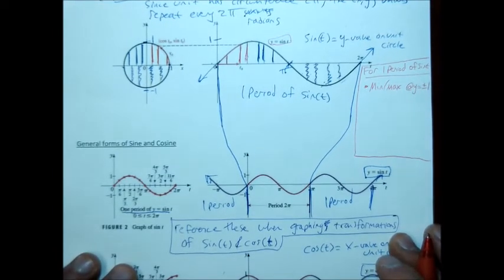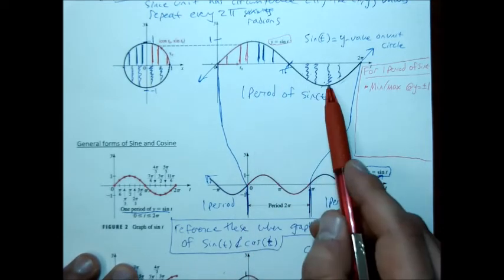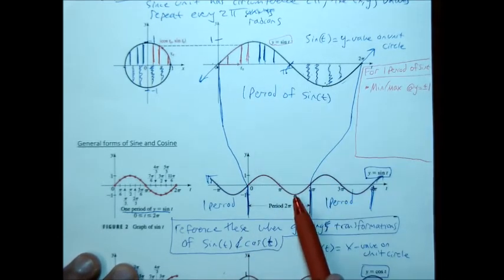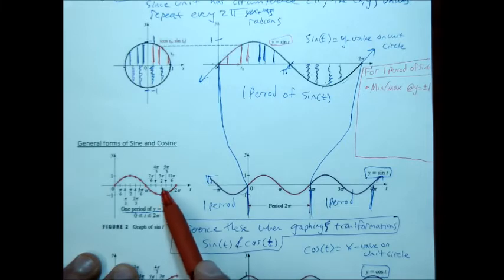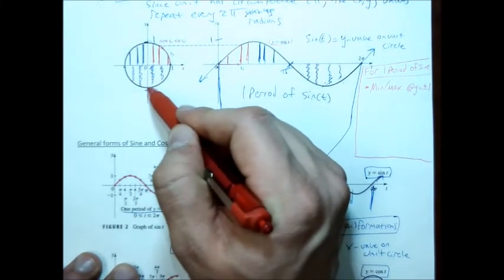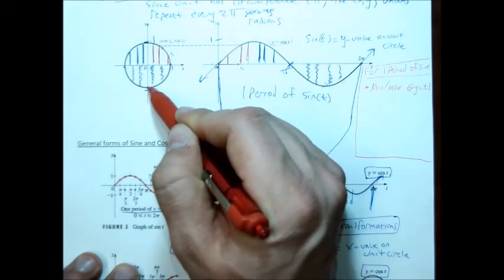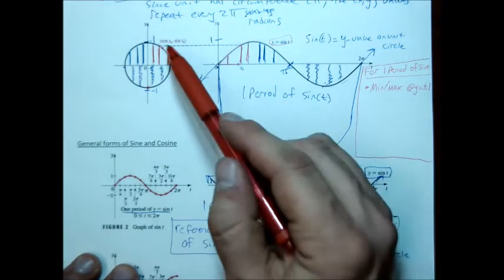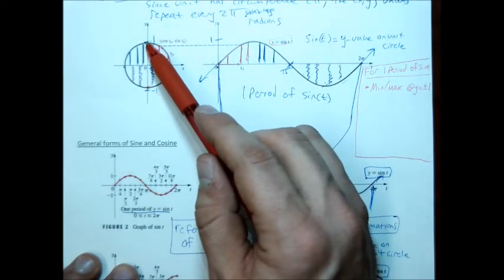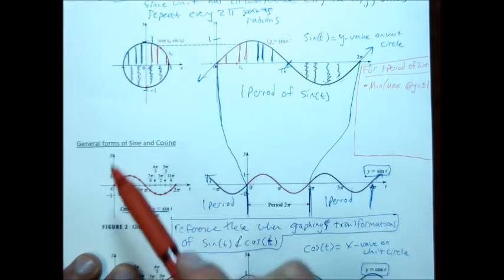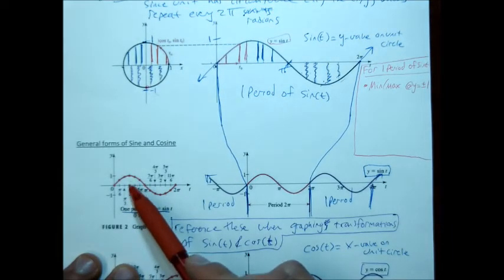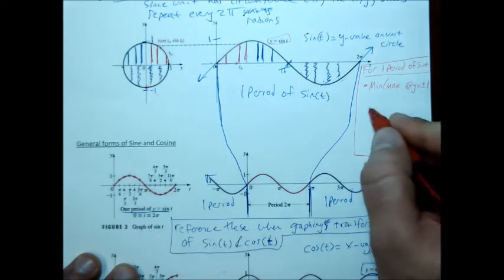All right? The min, the -1 part, this low point on the graph, you can see it occurs at 3 pi over 2. That's because this point right here, where the y value is -1, is at 3 pi over 2. And the max is up here at 1, and that occurs at pi over 2. Okay, so let me write that down.